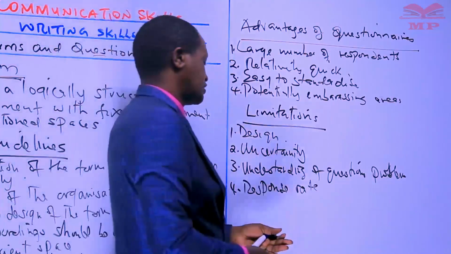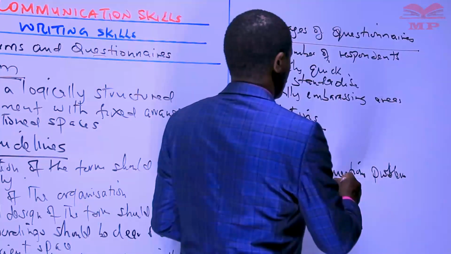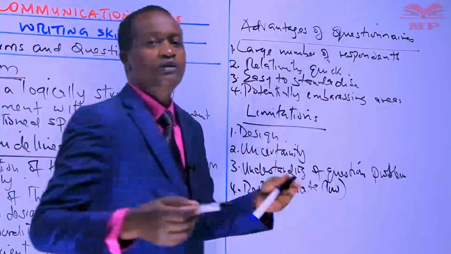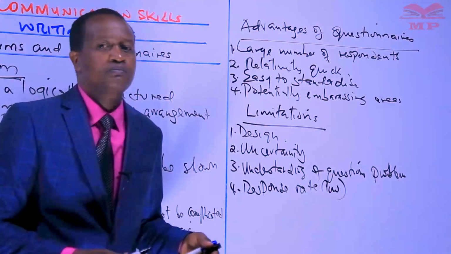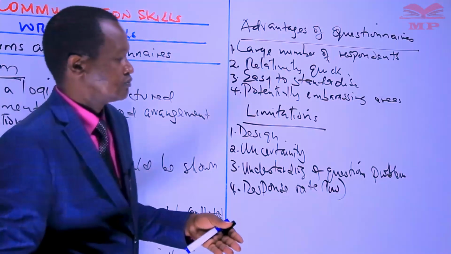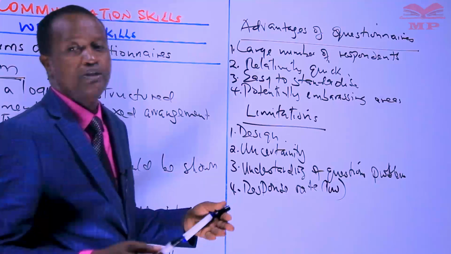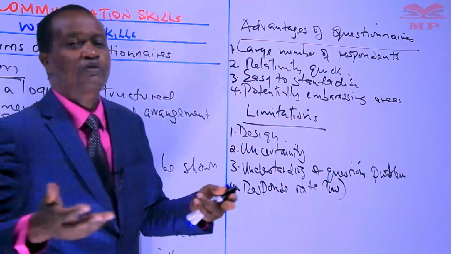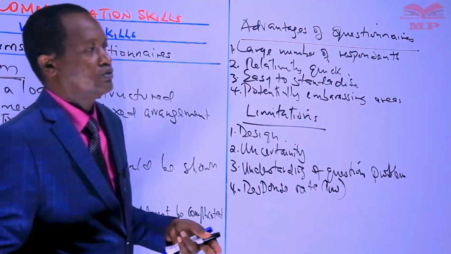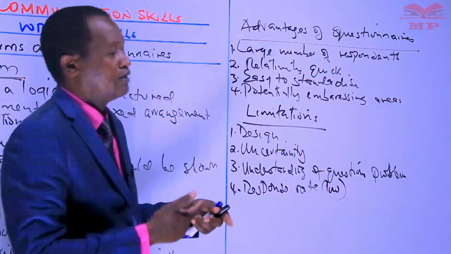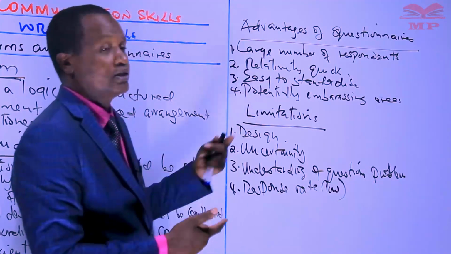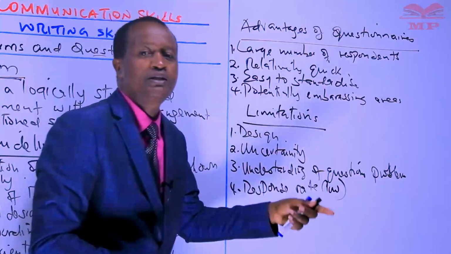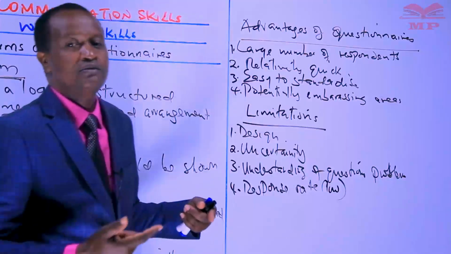The response rate may be low. The response rate should be not less than 20% or 25%. Okay, 25% of the questionnaires that are sent should at least be returned.